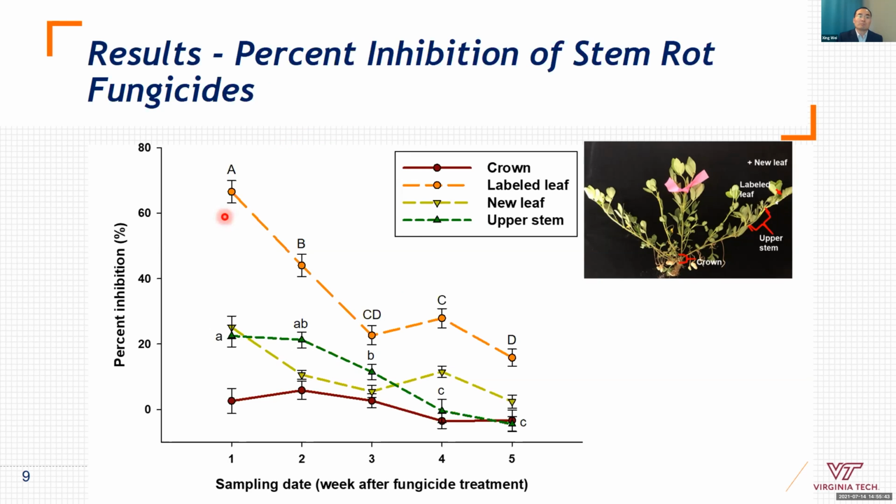Here, we found more inhibition on the label leaf, followed by the new leaf and upper stem, while there is little inhibition on the crown section. We also found a sharp decrease of the inhibition 2 weeks after fungicide application, which indicates the decrease of fungicide efficacy.